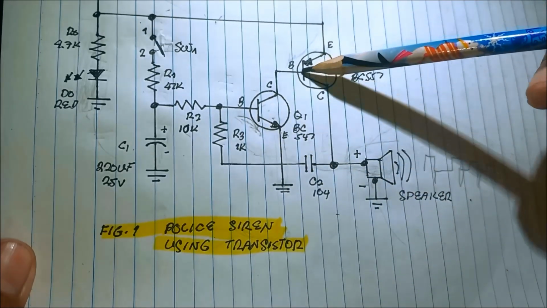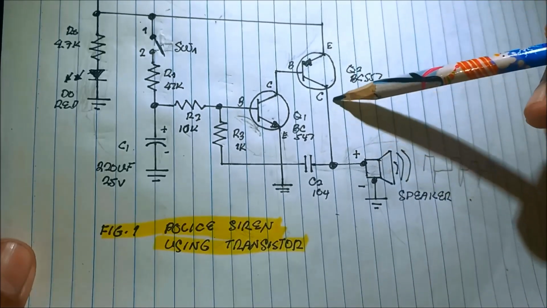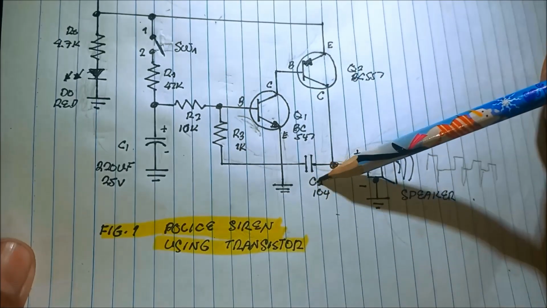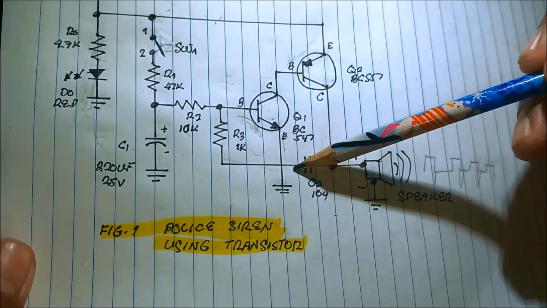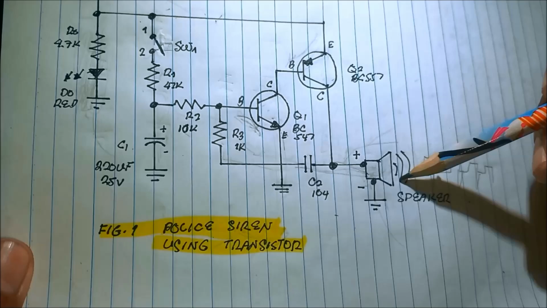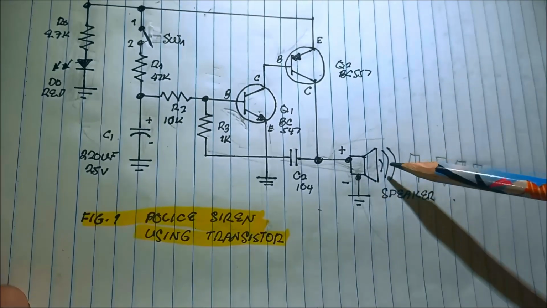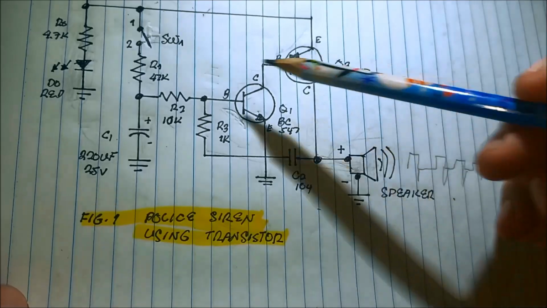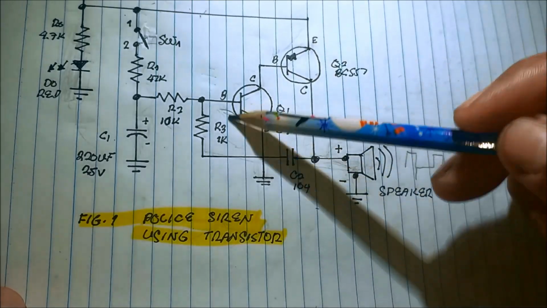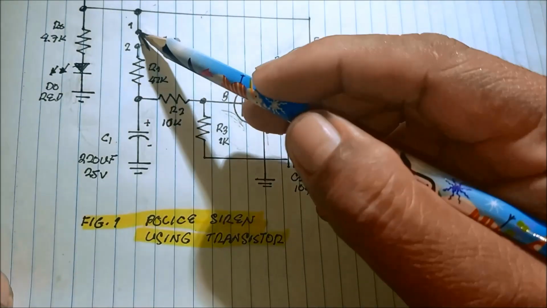There is a tendency a current will also flow into the emitter to collector of this transistor. And also the current flows from R3 to the collector to the capacitor, causing this speaker to generate a sound frequency due to the continuous charging and discharging of the circuit.